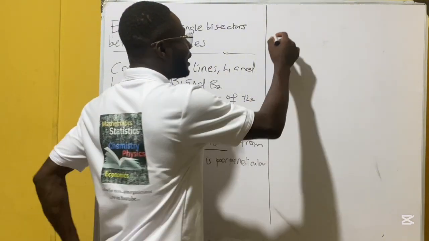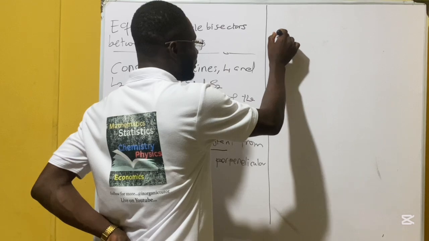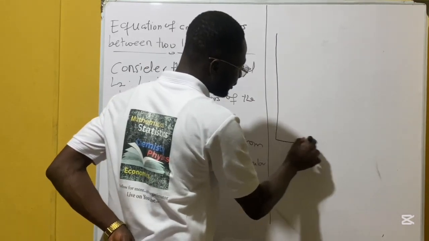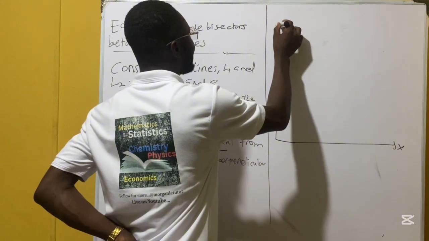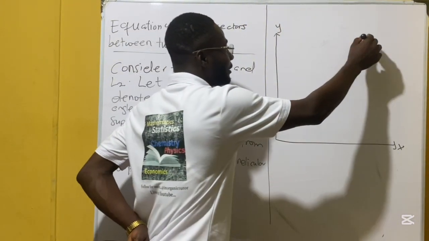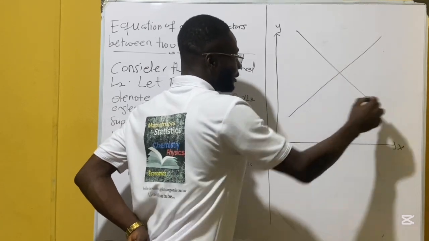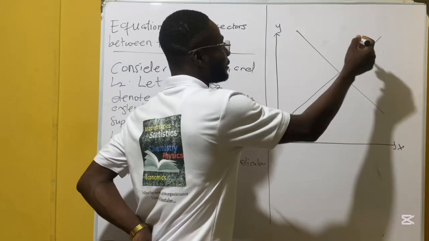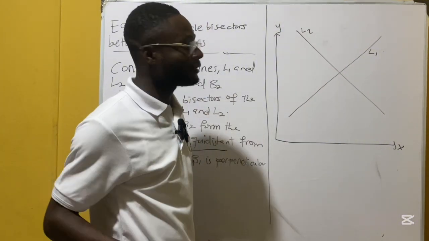Let's illustrate the diagram to this concept. Okay, so let's say you have what we call the two-dimensional plane, x here, and you have your y here, right? Now, you draw a line, say here, and this is here, okay? So let's say this is L1 and this is L2, right?